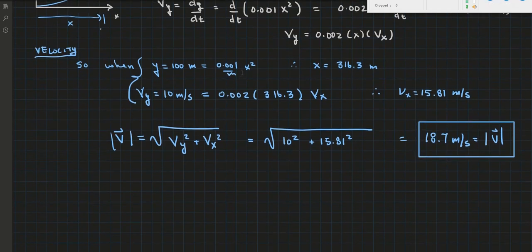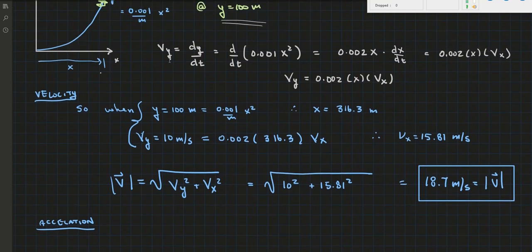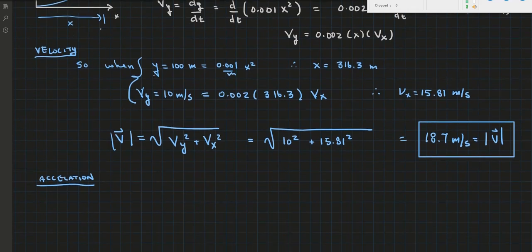So that's our velocity. So let's try to do our acceleration in this confusing problem here. So we have this relationship up here for Vy, and we could take a derivative of that, which essentially is going to be the derivative of 0.002 x times Vx. It's going to result in a product rule, to say the least.